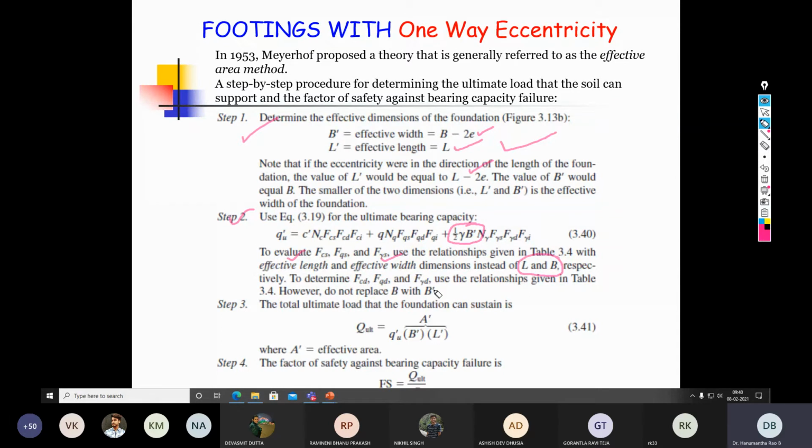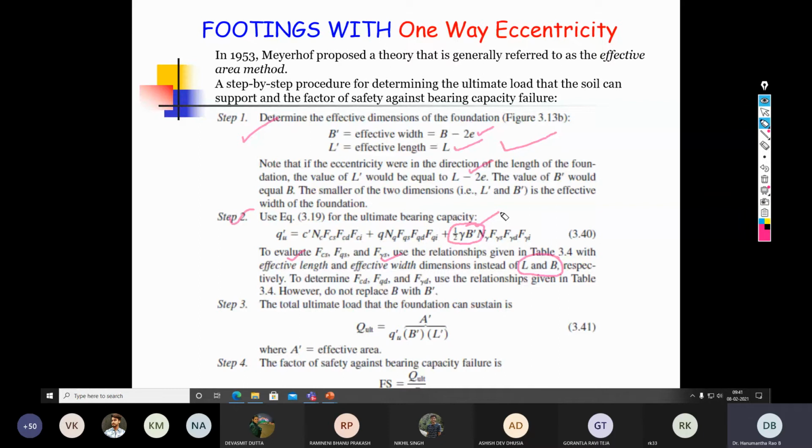So the meaning of this is that when you are calculating the shape factors, you must use the effective length and effective width, while when you are calculating the depth factors, do not use effective width or effective length. In case of the inclination factors, you don't need to bother about width or length because only the inclination matters. And the third important point is that in the ultimate bearing capacity equation, instead of B, use B dash. Okay, so now I will repeat.